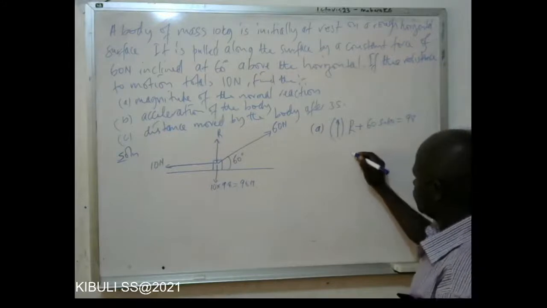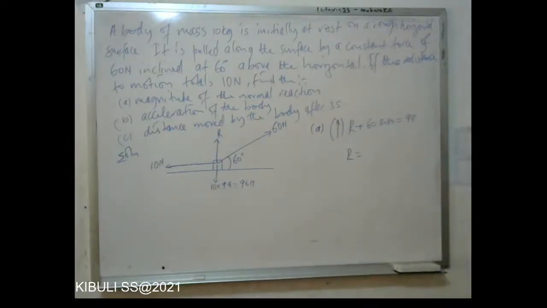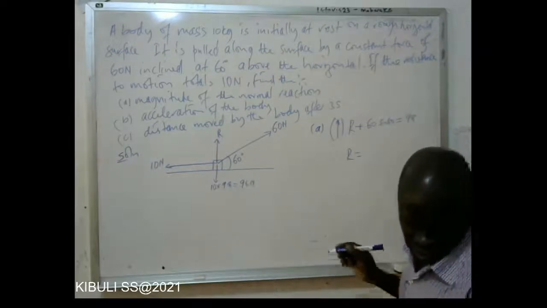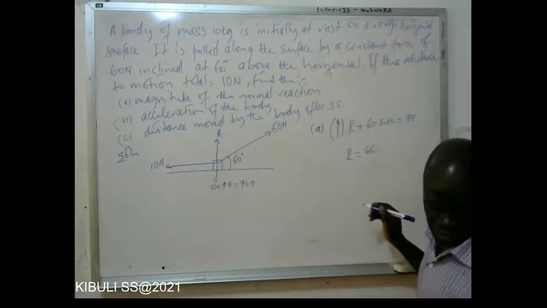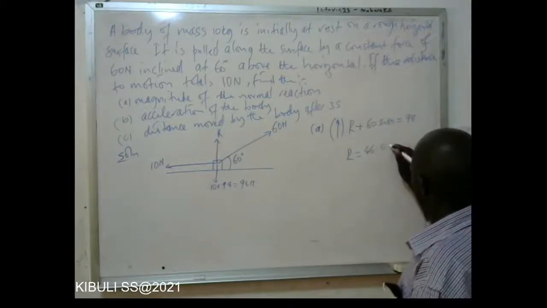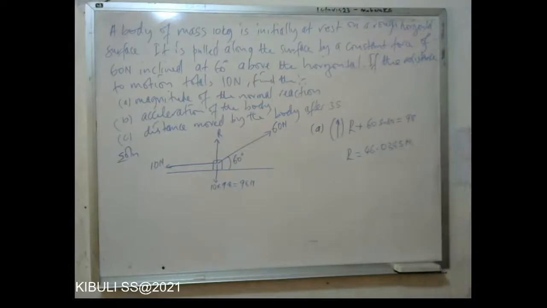So when we solve this, we get R to be 46.0385 Newton. So that is the size of the normal reaction.